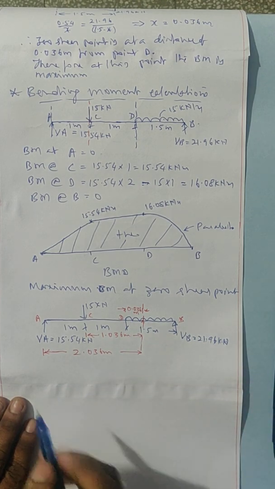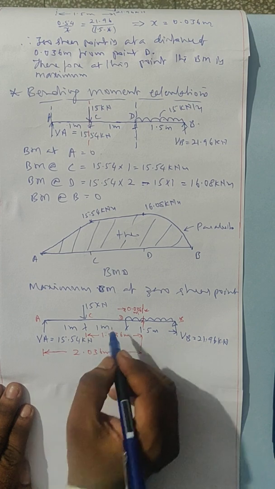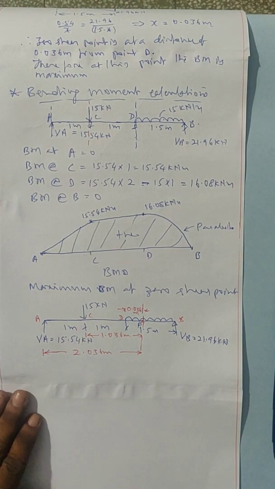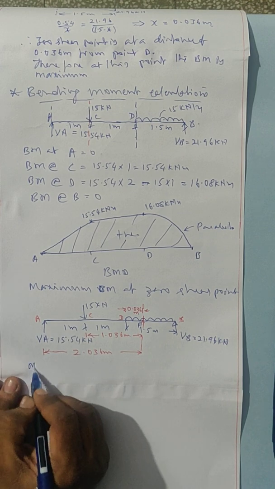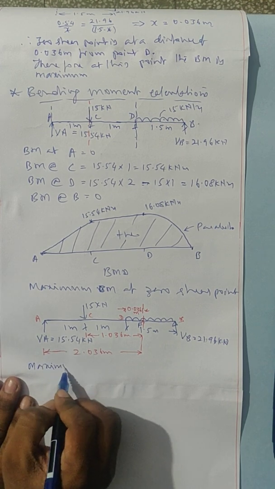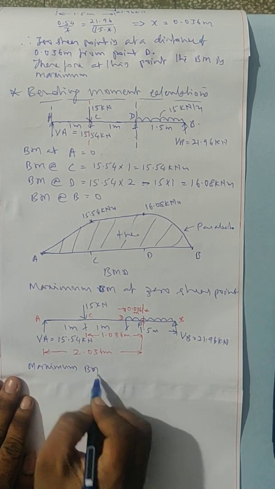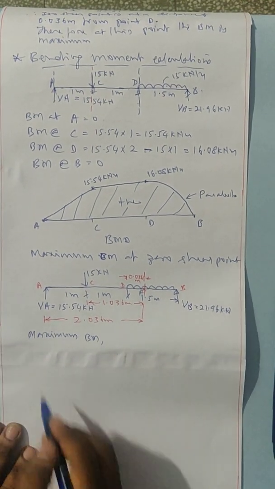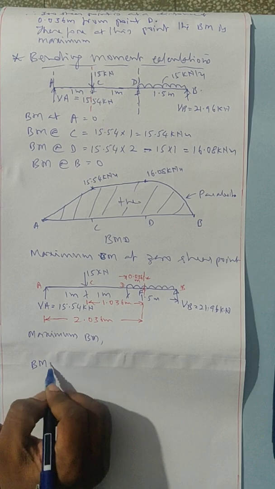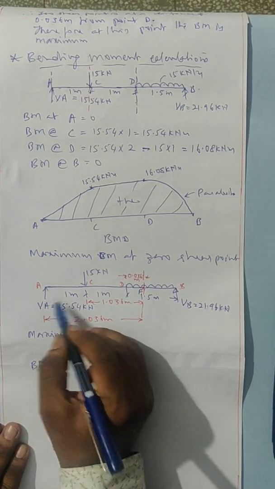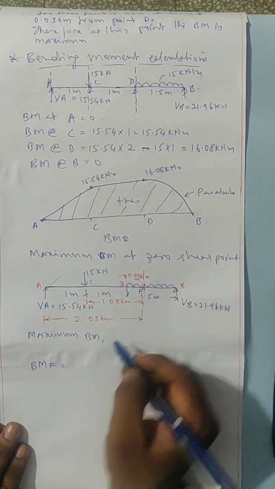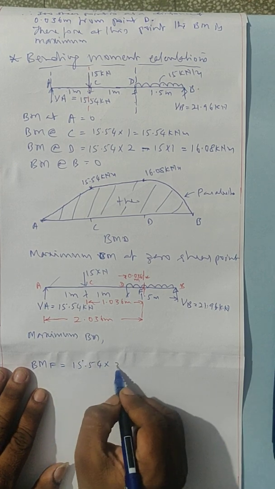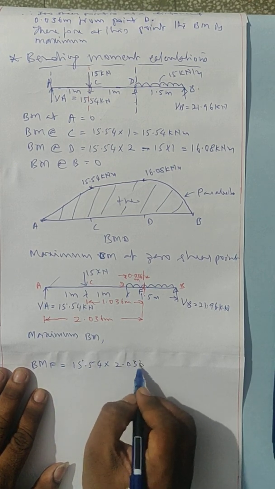Now I am calculating the maximum bending moment, therefore I am calling this point F. BM at F equals VA into, this will create clockwise about this point, therefore 15.54 into 2.036.